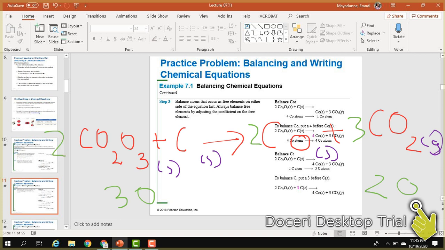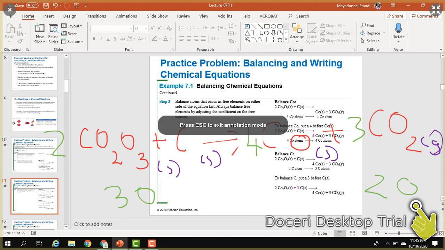Now I have 6 oxygen on both sides, but I have 4 cobalt. I erase this one, I don't need 2, I need 4 cobalt. Now my equation is balanced. This is how I balance equations.